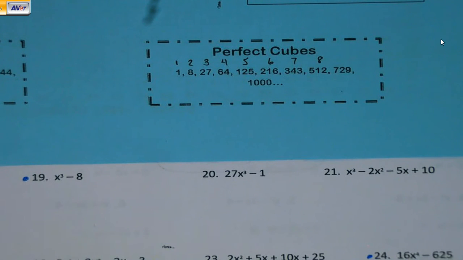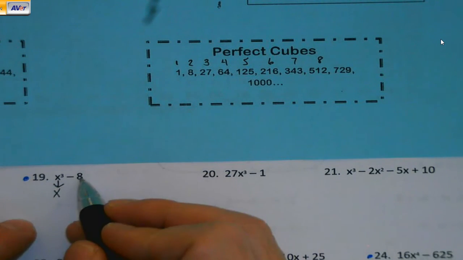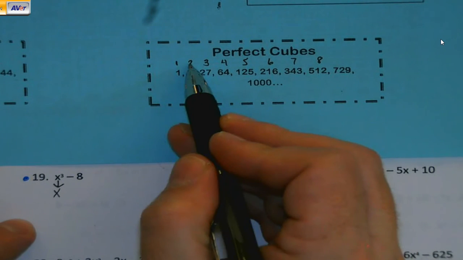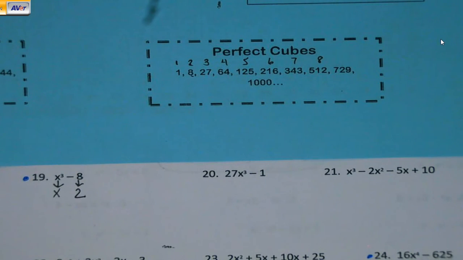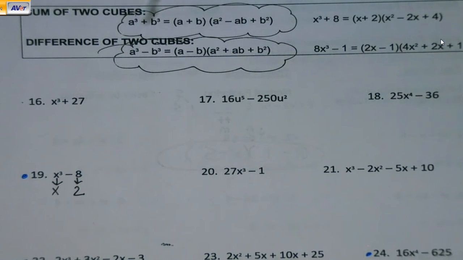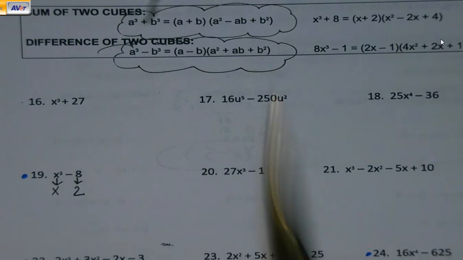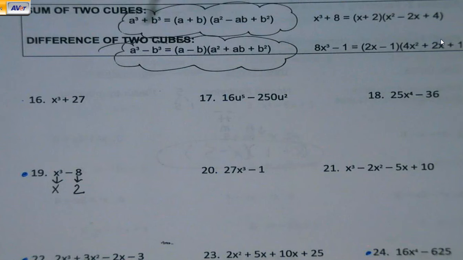Because that way, when I'm starting to try and work this one out, I go, hey, cubed, what do I cube to get 8? Oh, 2, okay. So I can get my values. And then once I get my values, I can follow my pattern, which is either here on my worksheet, or it's on the help sheet too. Okay, so either one's going to help me out in the work.